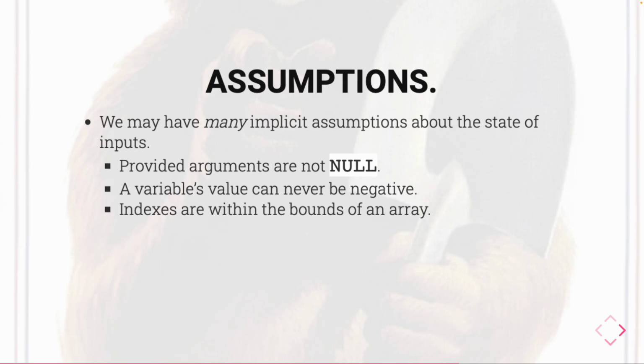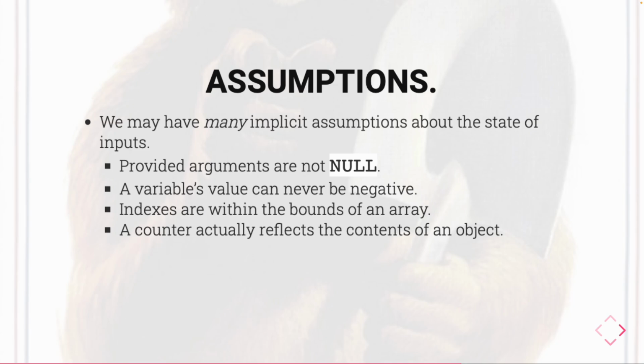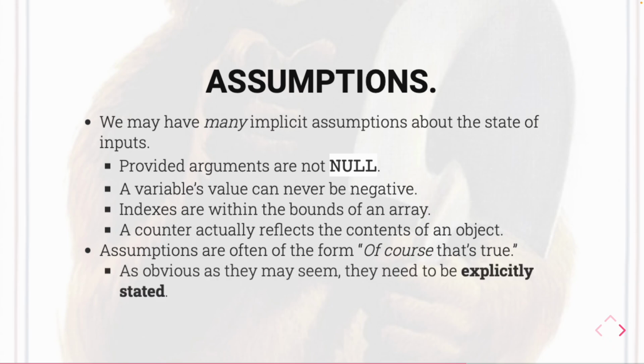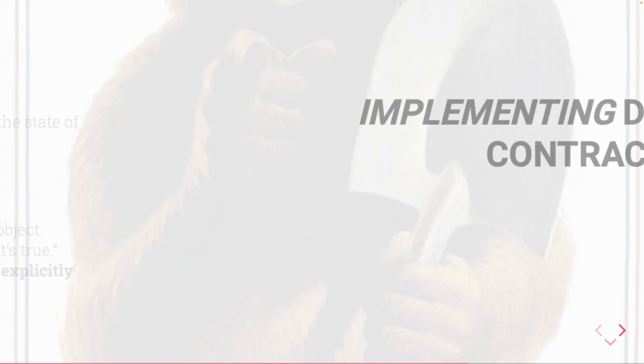You're assuming that indices are within the bounds of an array, that a counter actually reflects the contents of an object. And yeah, they seem like things that are always true, but bugs always pop up where you least expect them. And so they need to be explicitly stated.